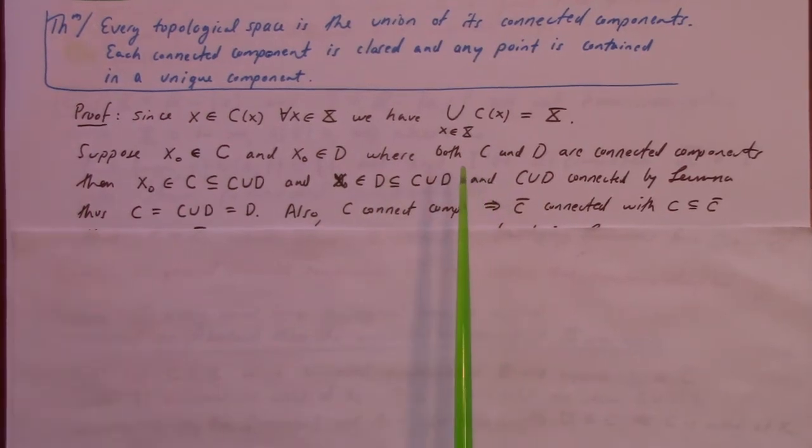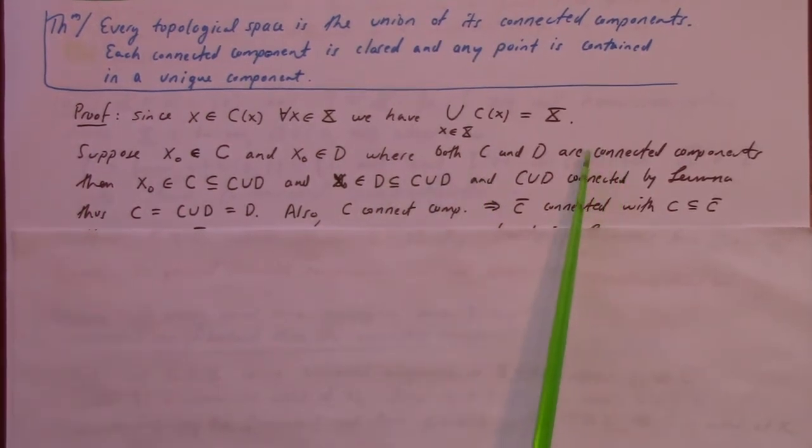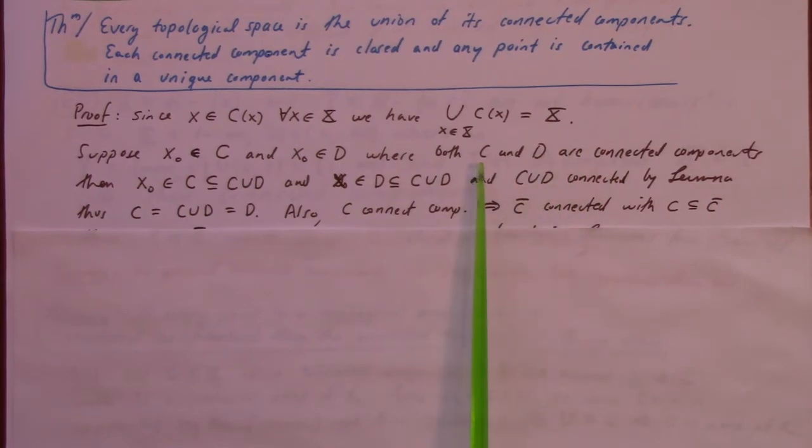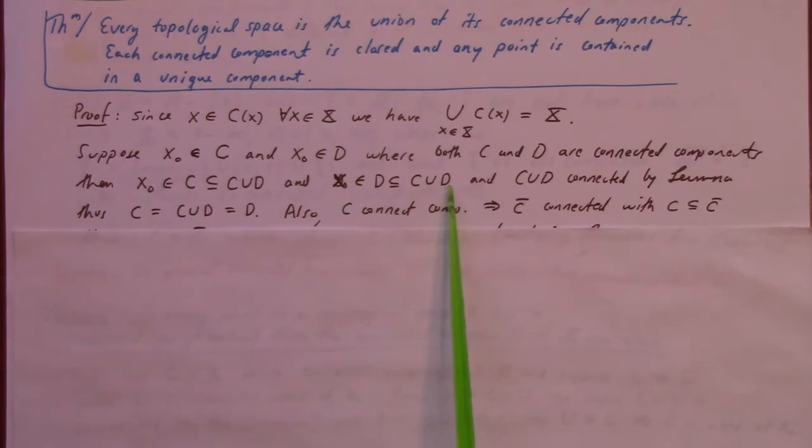I guess the only thing is, if they're both connected components, how do I know that there's not something beyond C union D? Let's see that again. Sorry, guys.